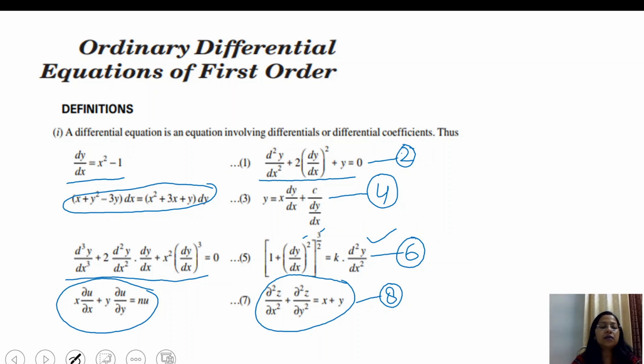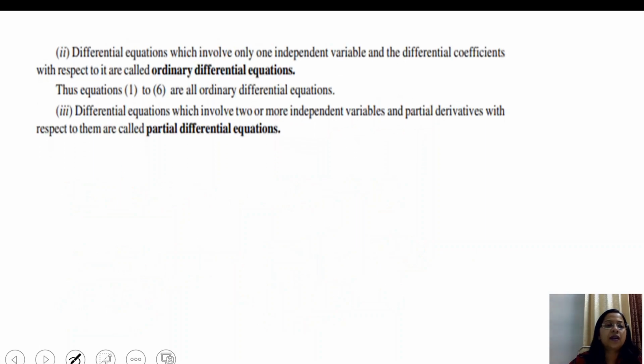Our module is actually ordinary differential equations of first order. We have to start with this. Differential equations which involve only one independent variable and the differential coefficients with respect to it.